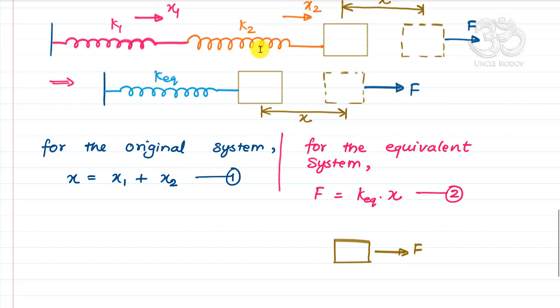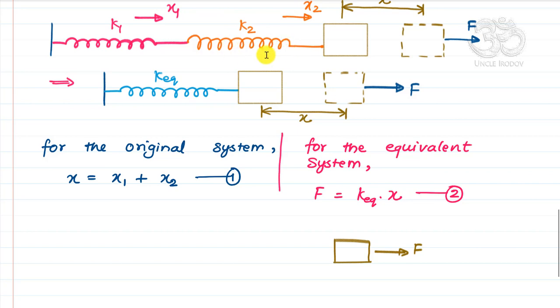And because the orange spring has extended, orange spring wants to go back to its natural length. So the orange spring is going to pull on both of its ends. A spring tries to pull both of its ends in, or it tries to push both of its ends out if it is trying to go back to its natural length.